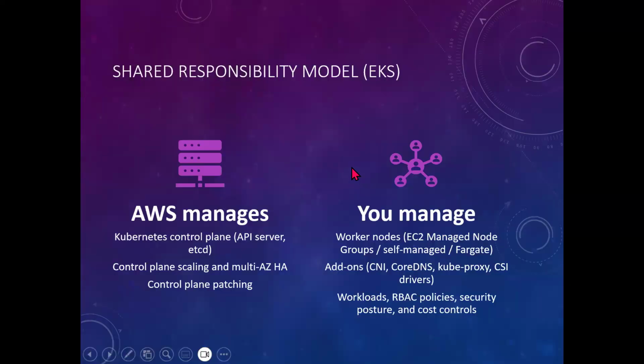Now, this is where you need to understand what I was talking about earlier: shared responsibility. When you deploy an EKS cluster, this is so important, because if you are facing permission issues coming from the Kubernetes control plane, it's no big deal.